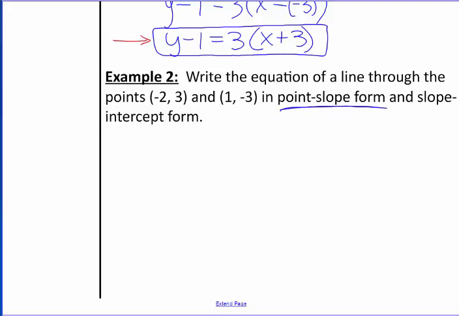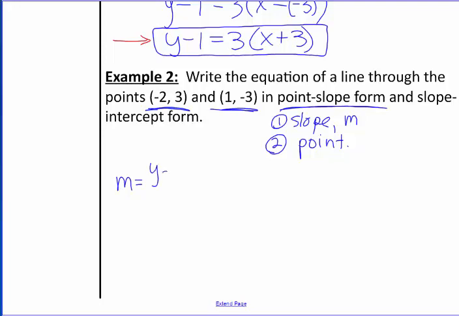There are two pieces of information we need. One is the slope, the m value. Second is a point. Well, in this particular case, we have two points to choose from, so we've got the point part covered. What we don't have is a slope. So we are going to start by finding the slope.